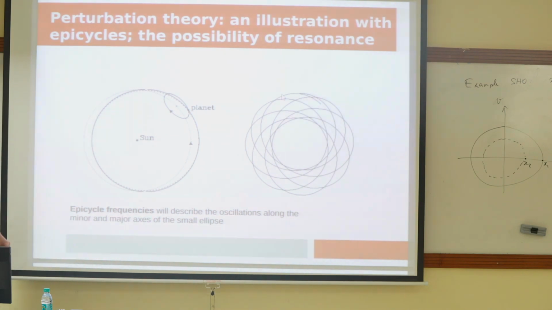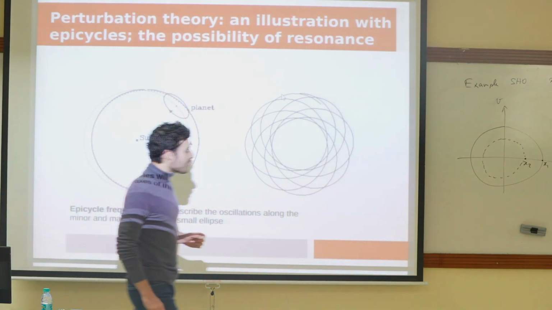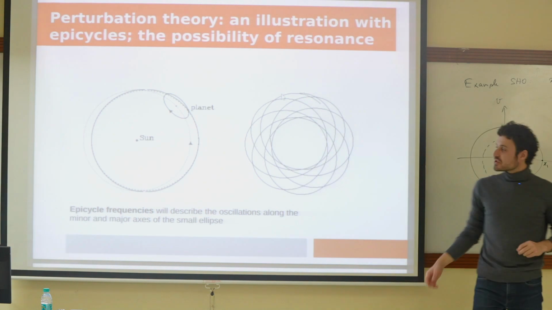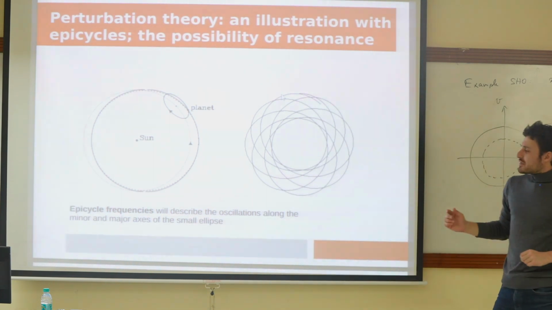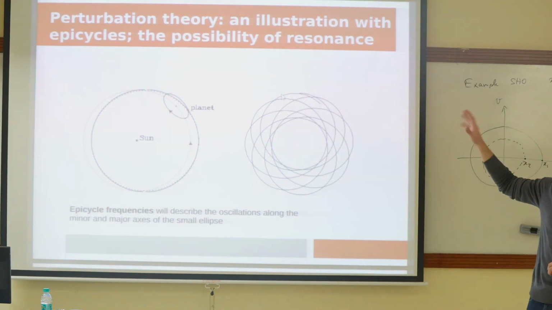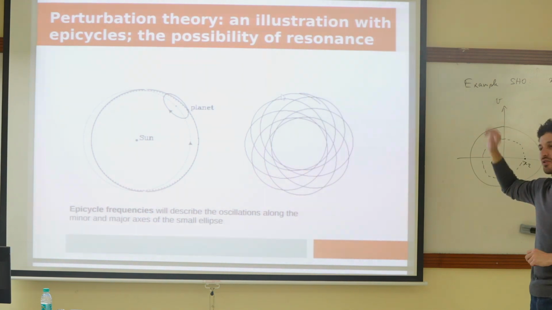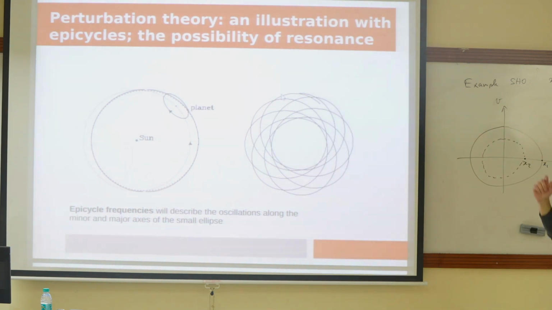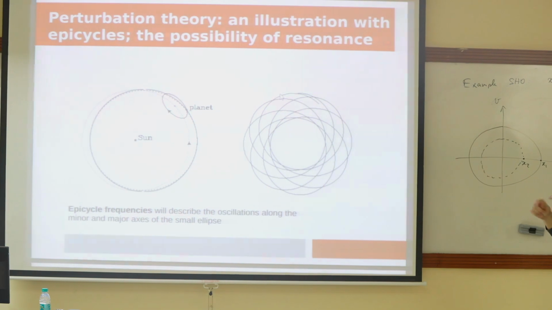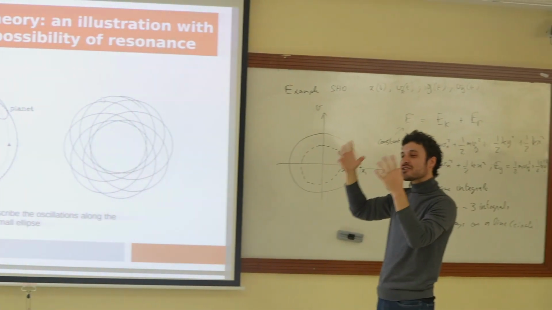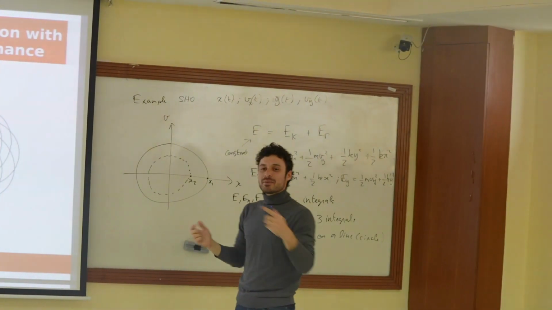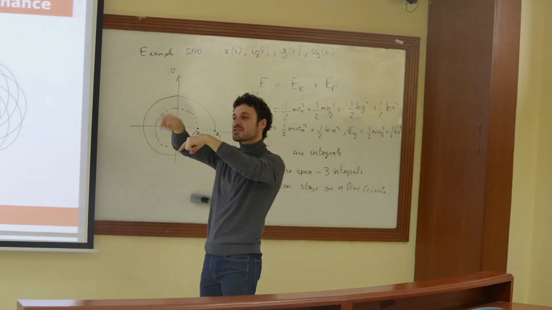Okay, so this is actually an old example, but which is quite interesting. So, I don't know if you're aware, but epicycles, they were a trick invented by Ptolemy and Hipparchus to try and make the geocentric model work, right? So they believed that the planets were orbiting the Earth.